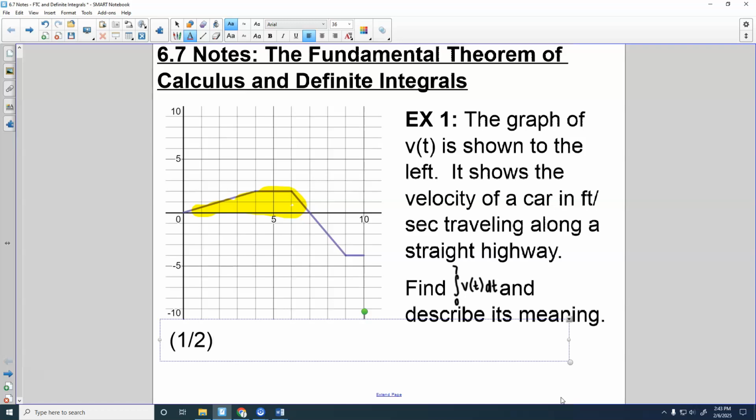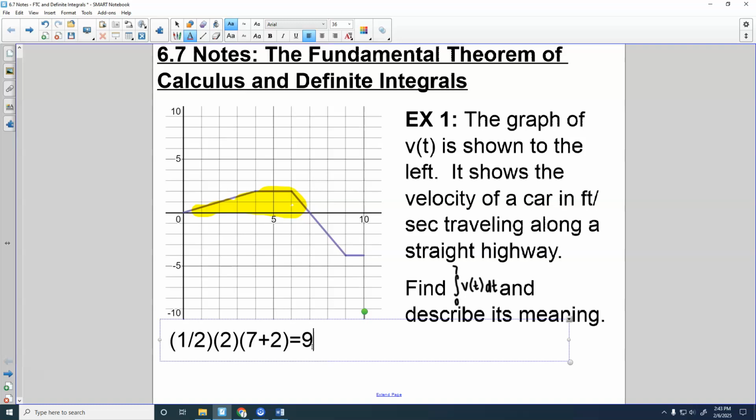What's the height of that? 2. And then base 1 plus base 2. The bottom base of that is 7. The top is 2. So that is just going to give us 9 for the integral from 0 to 7 of v of t dt.